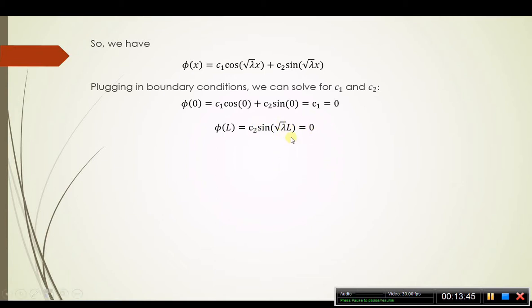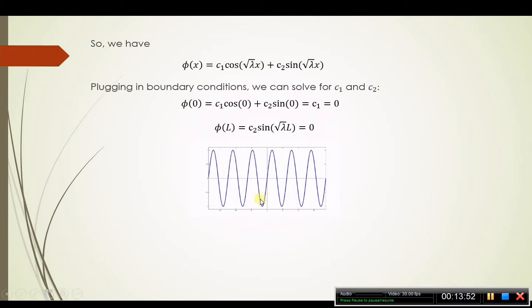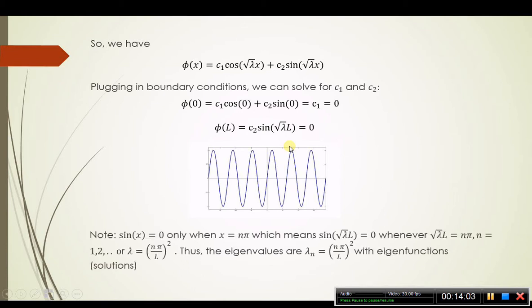So this looks like what we had for hyperbolic sine when we had lambda less than 0. But remember, this is what a sine curve looks like. There are several times at which you can actually get sine equal to 0. Sine of x is equal to 0 whenever x is equal to n pi. So what this tells us is that sine of this is equal to 0 whenever this part is some multiple of pi.